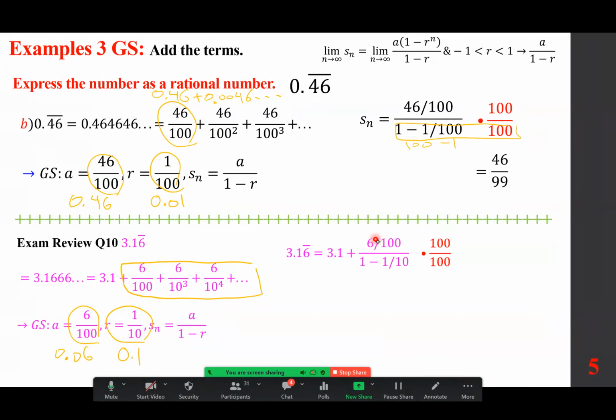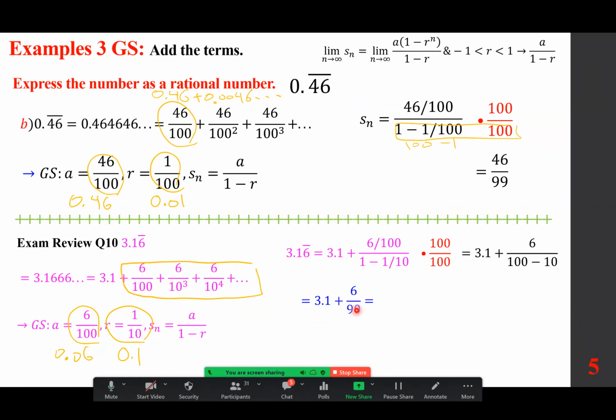So when we multiply the top, 6 over 100 by 100, we get 6. But the bottom gives you 100 minus 10, which is 6 over 90. Now, we want to write this as a rational number.